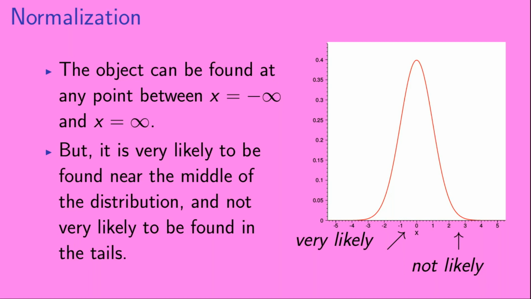But it is very likely to be found near the middle of the distribution and not very likely to be found in the tails. So for example, in the Gaussian plotted here, it would be very likely for the object to be found near x equals 0, but not very likely for it to be found near, say, x equals 3 or 4 or 5.